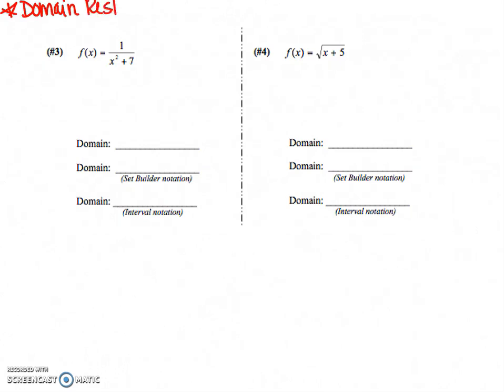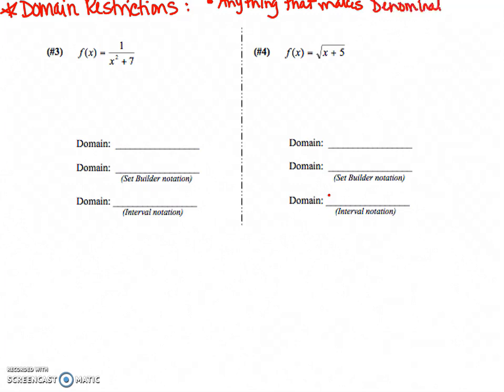And there is a poster with these restrictions on my classroom wall right by the clock. So our domain restrictions are going to be anything that makes the denominator equal 0.